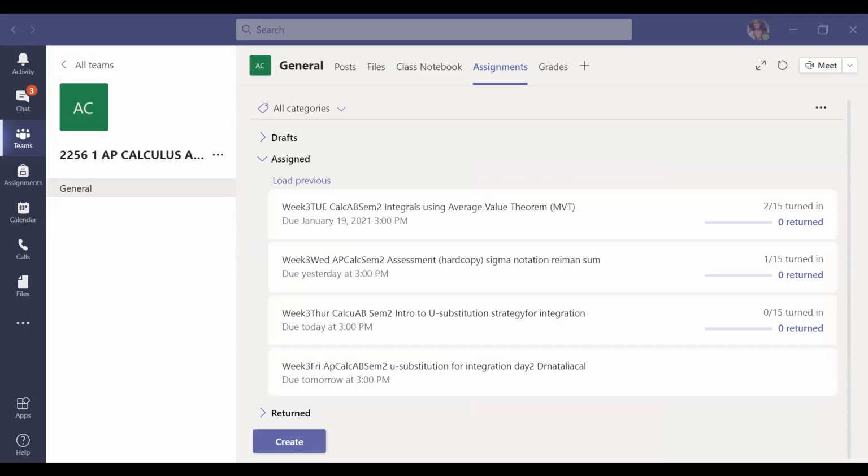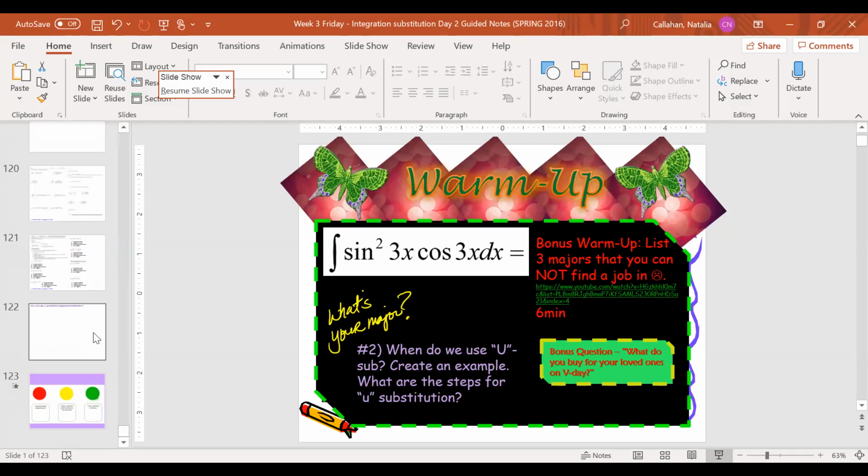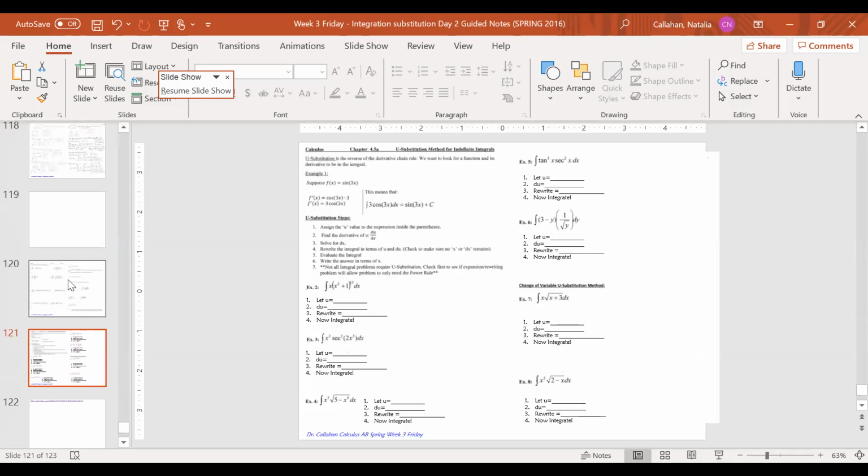Okay, so looking at what we're going to be doing today with your guided notes, I'm going to go ahead and attach it to MS Teams as well. The big one that you need is this one right here.